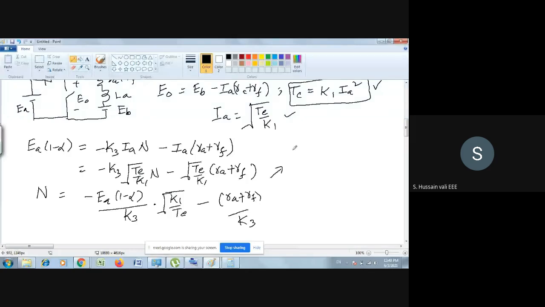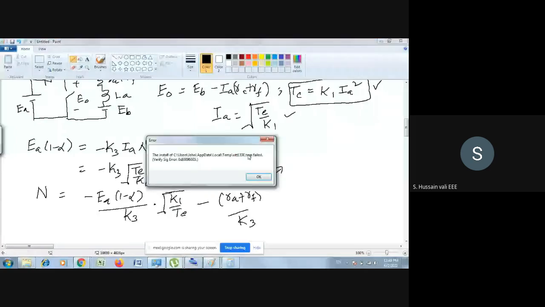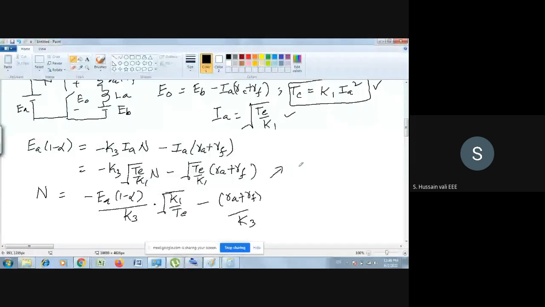Yeah, it is somewhat little tricky because you have the square root here. The T is never negative, because if it is negative, then it becomes imaginary value. So we'll do one thing. No problem. We'll just further simplify this. N plus RA plus RF by K3 is equal to minus E into 1 minus alpha by K3 square root of K1 by T. Okay.